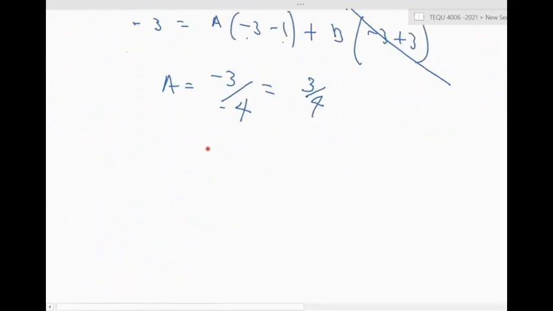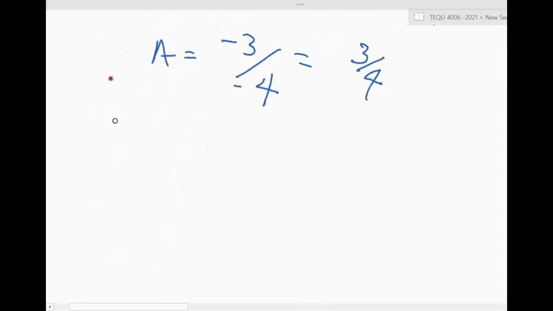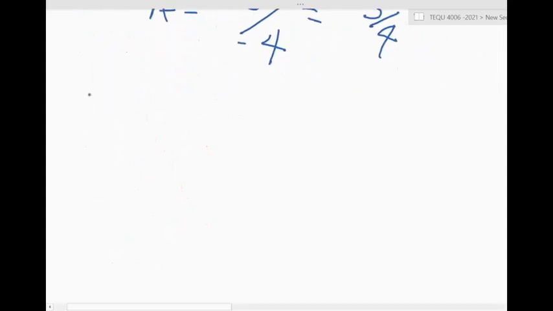Let's say that we want to integrate a function like this, x squared dx, and the denominator is x plus 1, x plus 2, x minus 3.